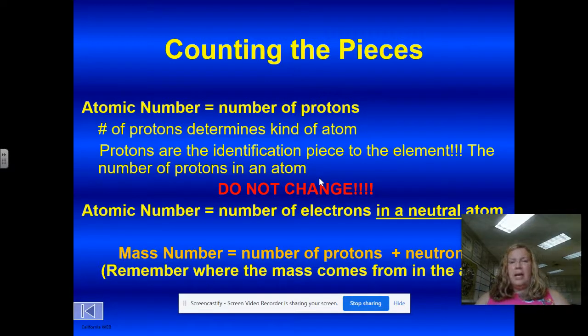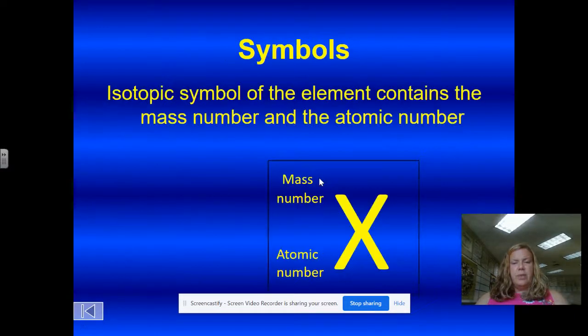So that's why we don't count electrons in a mass number. We simply take the number of protons plus the number of neutrons. The reason why we can say the actual number of protons or the number of neutrons is because each of them weigh 1 atomic mass unit, which helps us to determine sizes and amounts and so forth.